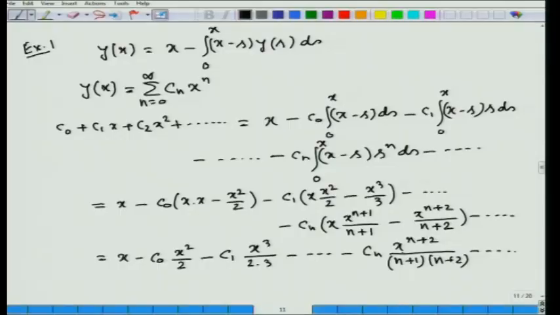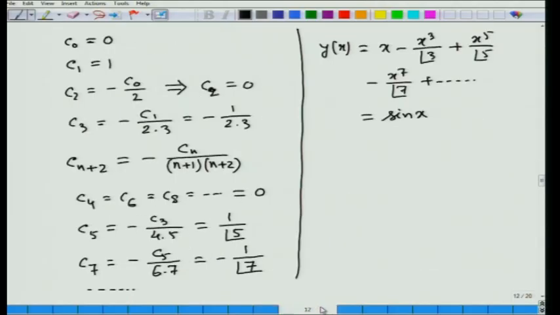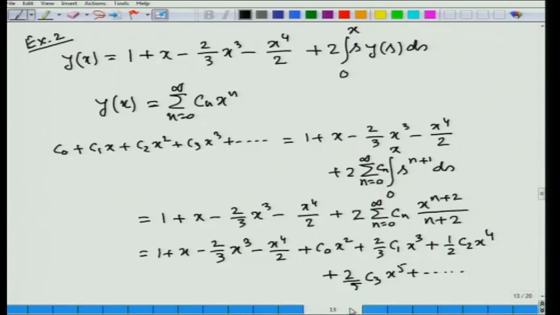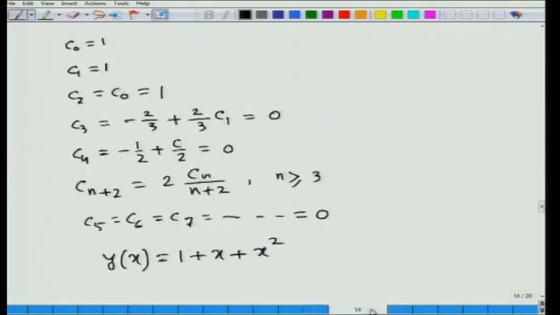Most of the time we used the coefficient of x to the power n plus 2 from both sides, and of course, you have to be careful about the Taylor series expansion for f x. Fortunately, the examples that I considered here have a finite number of terms in the Taylor series expansion for f x, and in the last example we observed that the solution results in a polynomial rather than an infinite series. So, thank you for your attention.